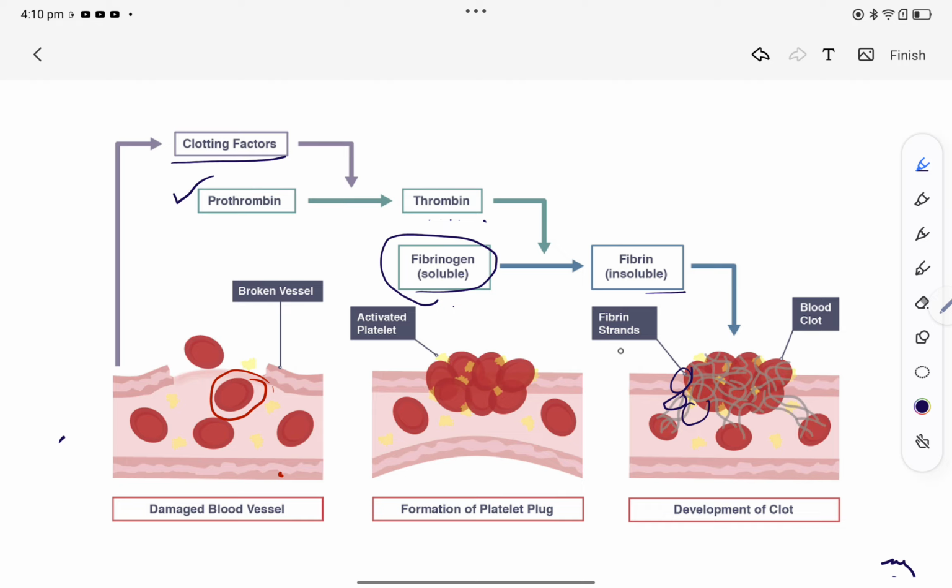They form a mesh-like structure which stops the blood flow. Hence blood is successfully clotted here and blood loss is stopped. Okay, so this is how blood coagulation takes place.